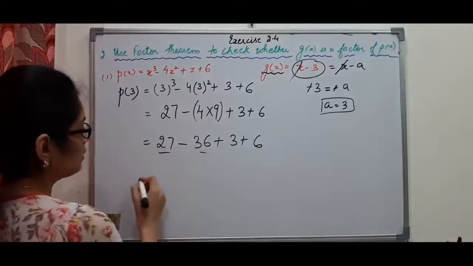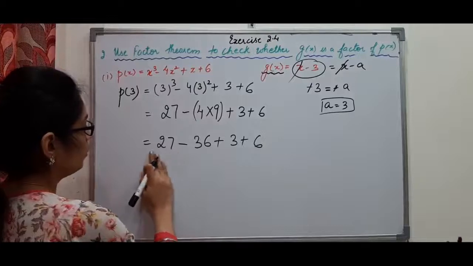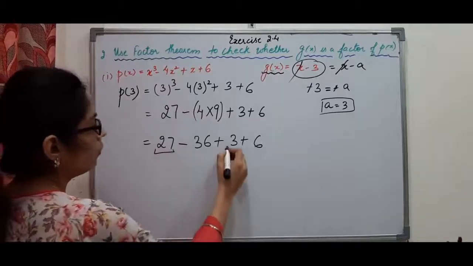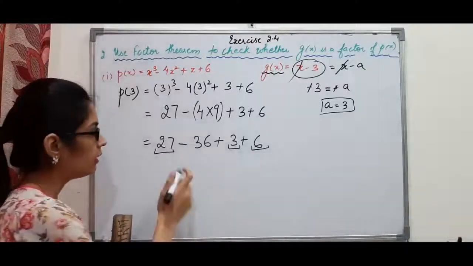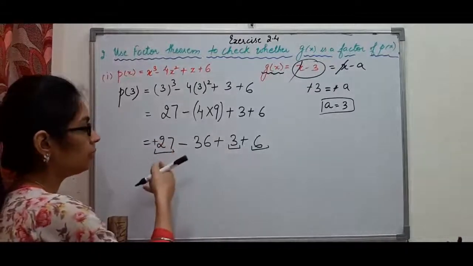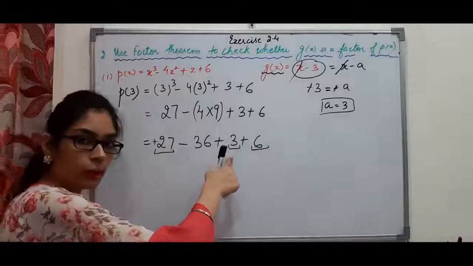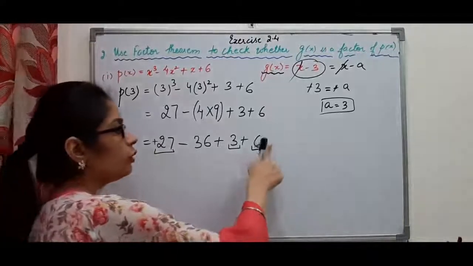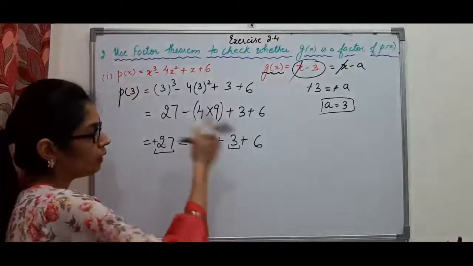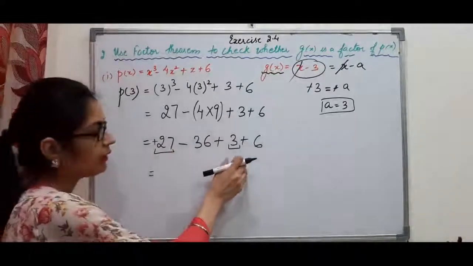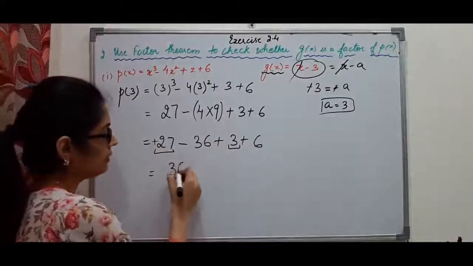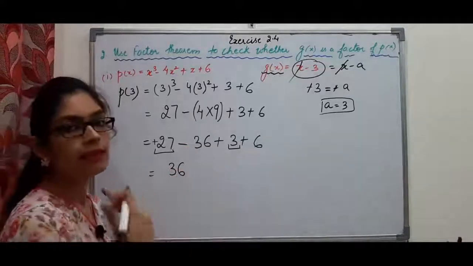27 minus 36. First we'll do all the numbers with which a plus sign is there, because with 27 also a plus sign is there, with 3 also a plus sign is there, and with 6 also a plus sign is there. So we'll do it for all the terms which are positive. 27 plus 3 is 30. 30 plus 3 is 33. 30 plus 6 is 36.